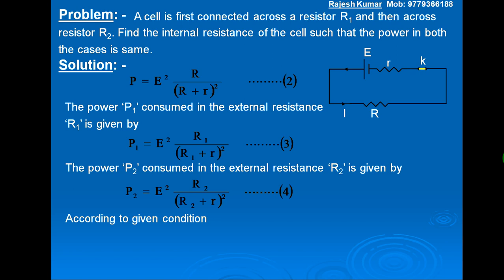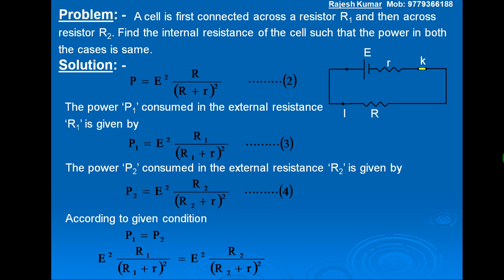According to the given condition, P1 is equal to P2. So putting the values from equation number 3 and equation number 4, we get E square into R1 upon (R1 plus r) whole square is equal to E square into R2 upon (R2 plus r) whole square.